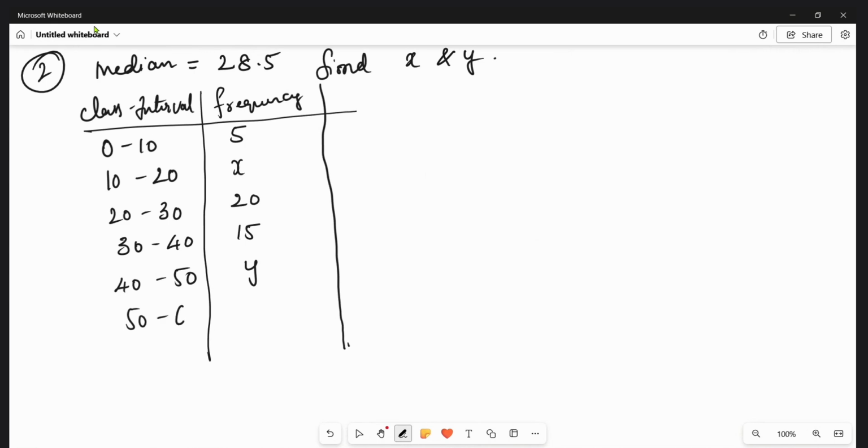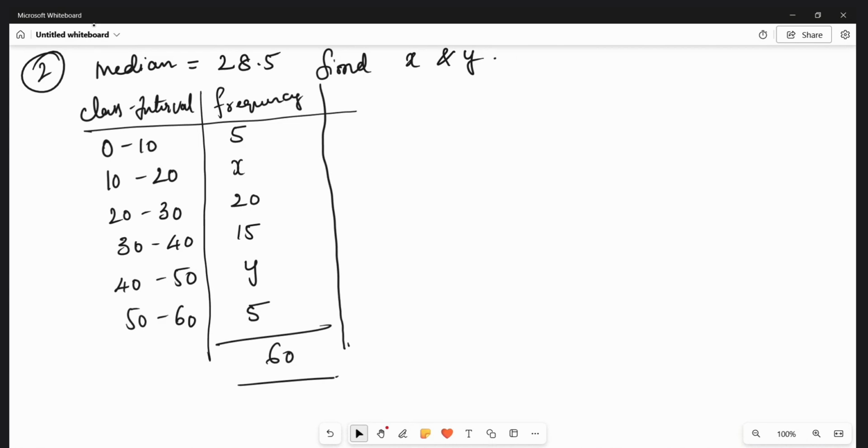And 50 to 60, it is 5. Total is 60 here.